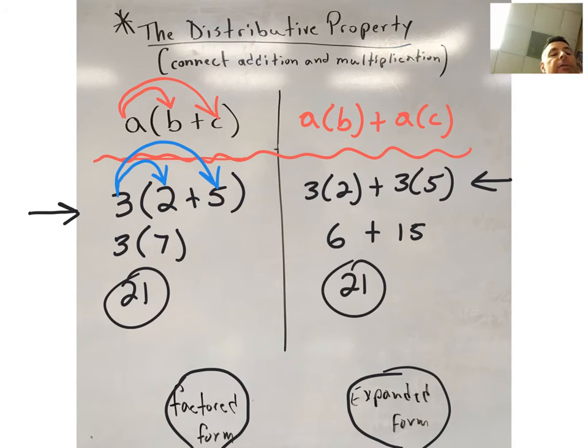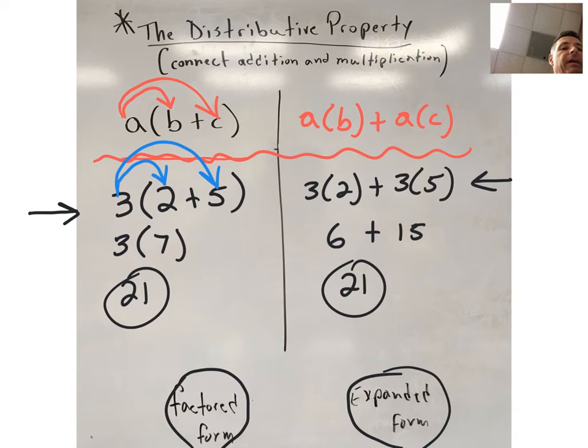So what are we seeing here? We're seeing that we can have a factored form over here. This factor times this factor will give us 21. Over here we have expanded form. So what that means is we've distributed the A to the B and the A to the C. So we have A times B plus A times C. So with numbers, it's 3 as a factor times the other factor of 7. 3 times 7 is 21.